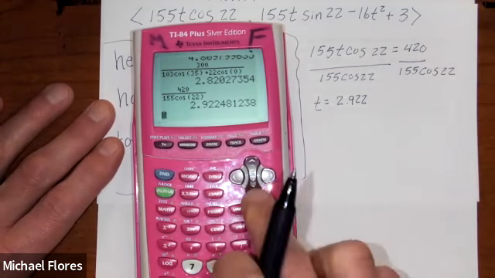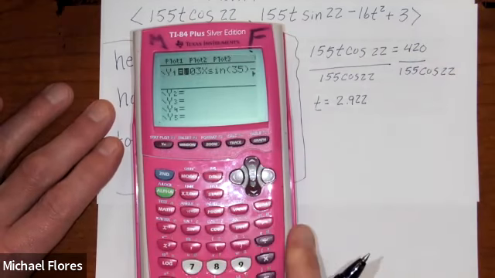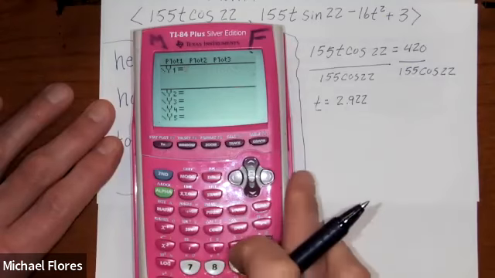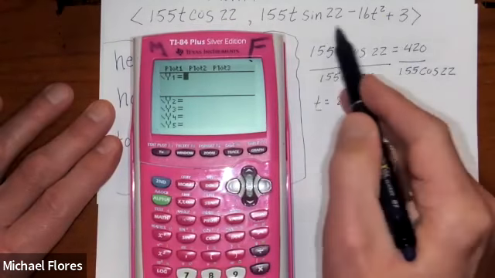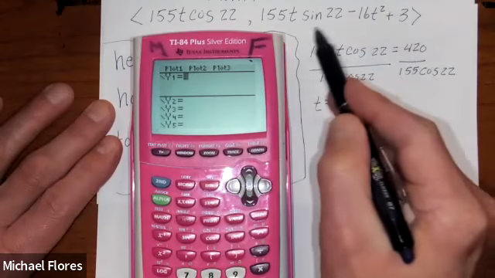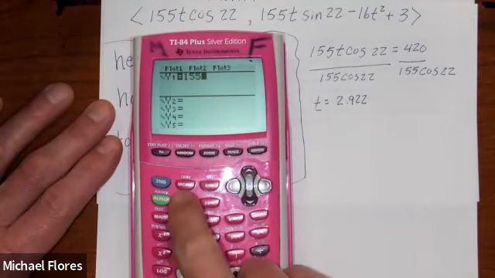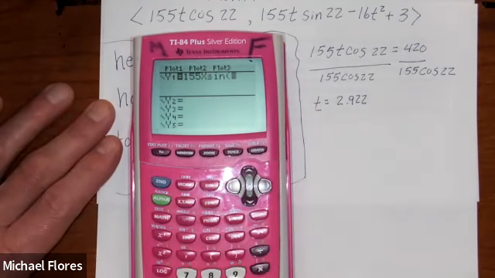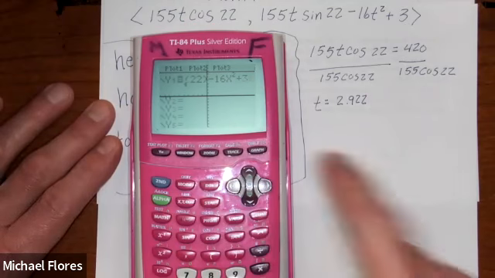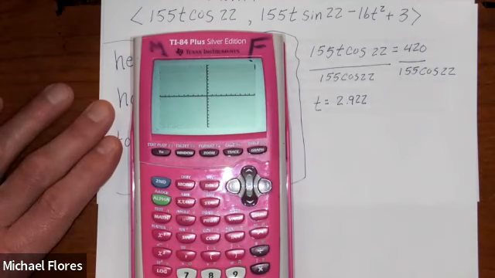So I'm going to go to the y equals portion in my calculator, clear out the previous data, and now I'm going to input the y equals portion of our parametric equation here. I like to look at the graph first. It gives me an idea if I may have done something wrong. That appears to be about right.